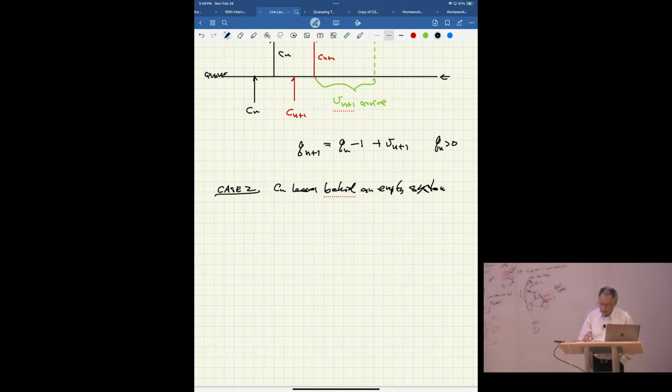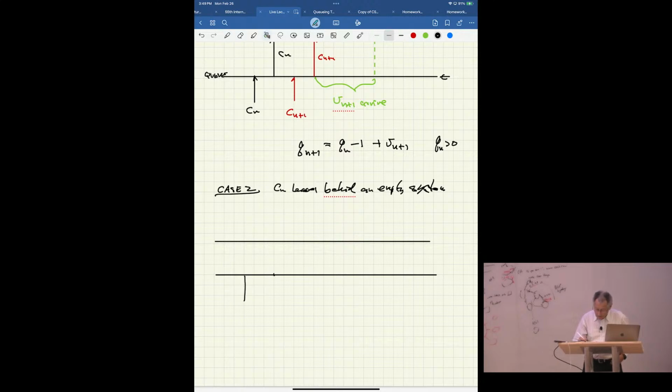Let's draw the time axes now. Cn comes in, goes into service, he leaves. Cn plus 1 comes in after that because Cn left behind the 0.